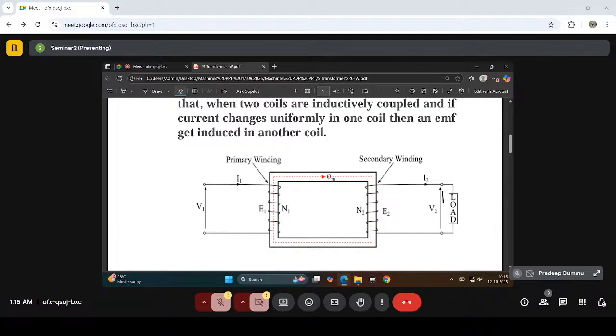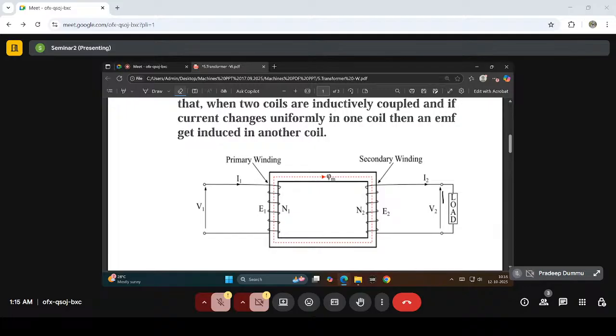Take a steel bar or a steel core, cut into this shape. Then take a copper wire and wind it on the left side, and take one more copper wire and wind it on the second side of the steel bar. This is the first thing to make a transformer.